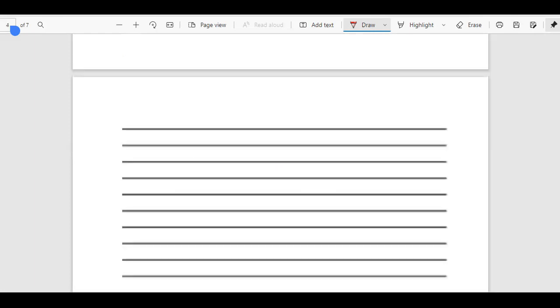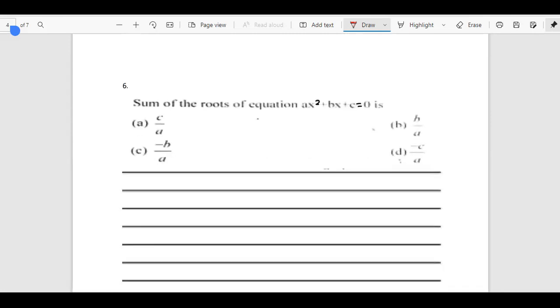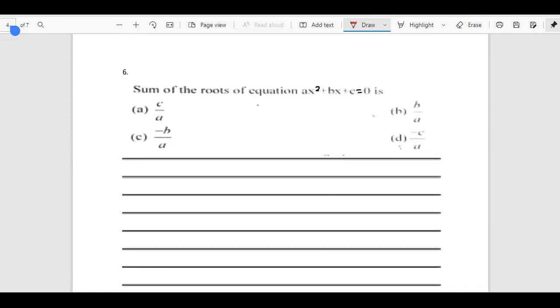Okay, now we have the sixth question. The sum of the roots of the equation, this is, okay, again we have to sum up the roots. Let's just quickly find out the roots.